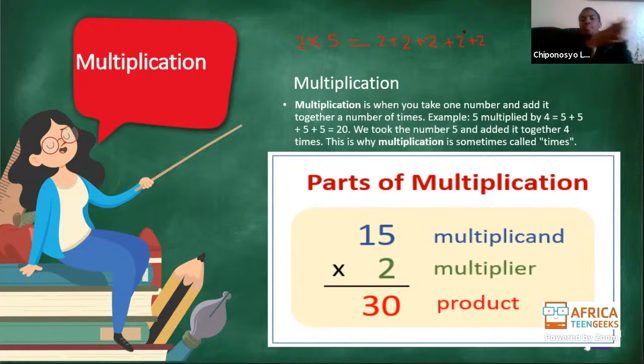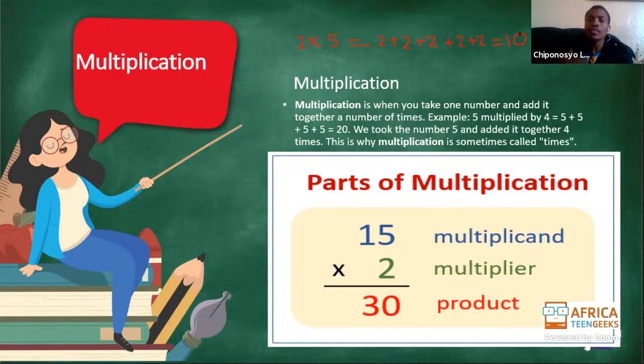That's where the times 5, or 5 times, comes from. And then let's count: 2, 4, 6, 8, 10. So the answer here, 2 times 5 is equal to 10. In other words, when you add 2 five times, you're going to get 10. That is multiplication.